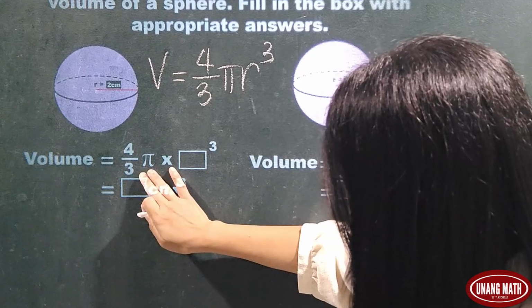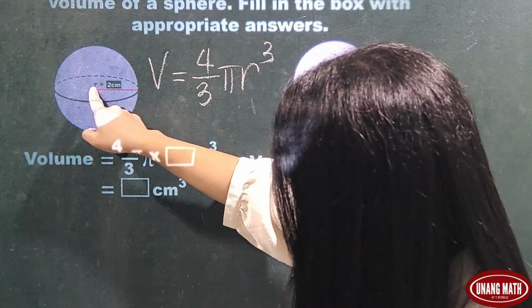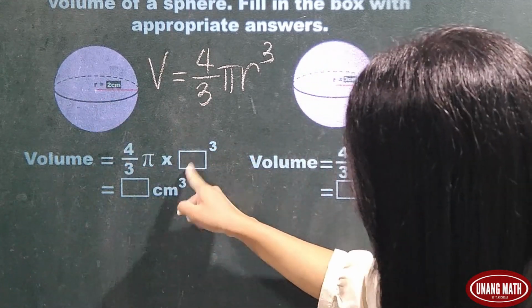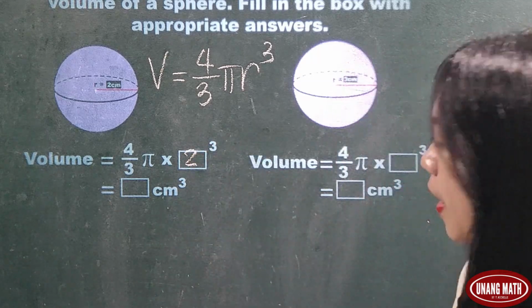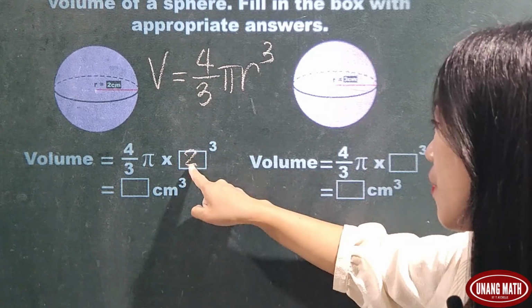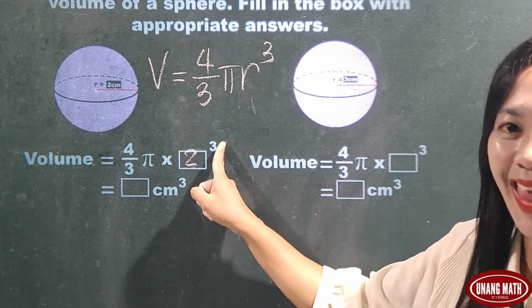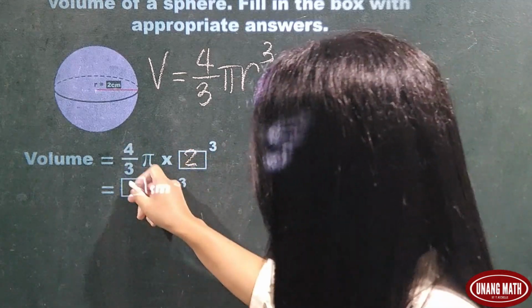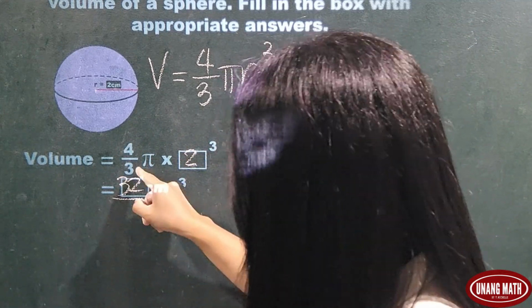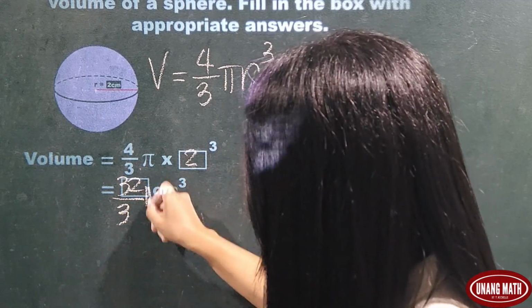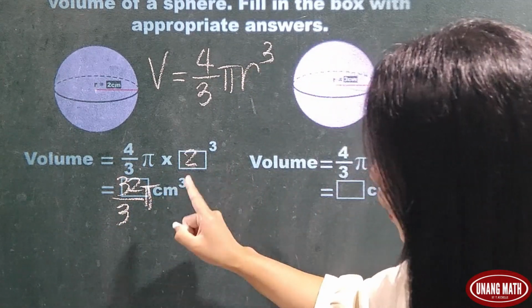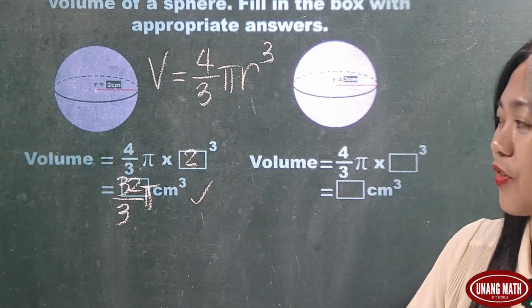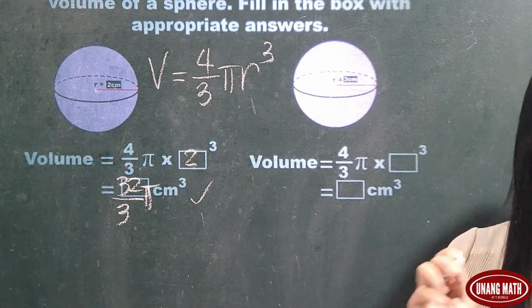So 4/3 times pi times 2 raised to the power of 3. 2 raised to the power of 3 is 8. So 8 times 4 is 32. So we have 32/3 pi cubic centimeters. That's the volume of this sphere.